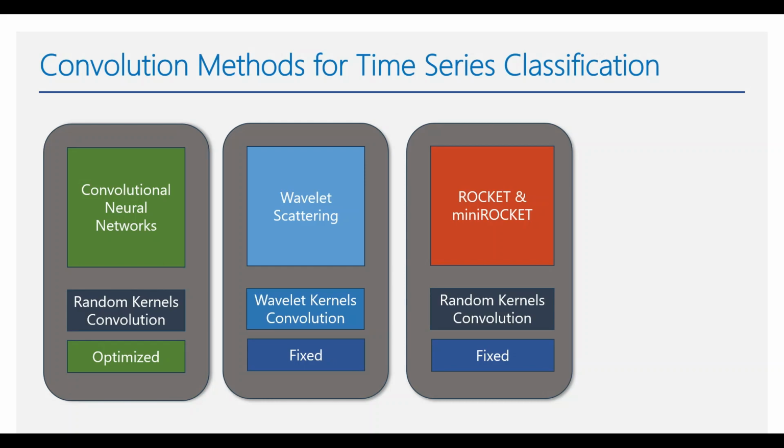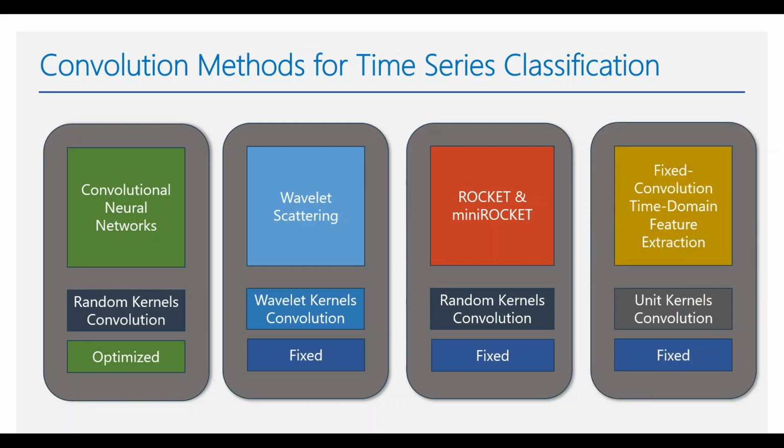In addition to these methods, there's a method that myself and my team developed earlier, and I spoke about that last year in one of the videos as well, which we call fixed convolution time domain feature extraction. We also initialize our kernels, and we also do some sort of convolution, but what we do over here is we just set the kernel values to unit values.